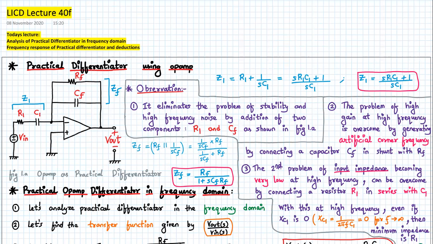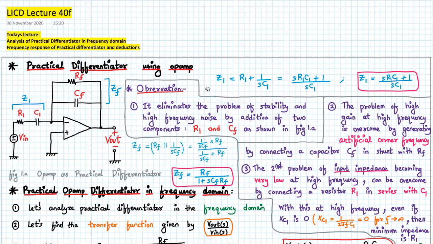Now let us observe a few things before we move on to the derivation. First, the parallel combination of RF and CF is called ZF. So ZF will be given by RF parallel to 1 upon S into CF. If you evaluate it and algebraically solve it, you will get ZF equal to RF divided by 1 plus S times CF into RF.